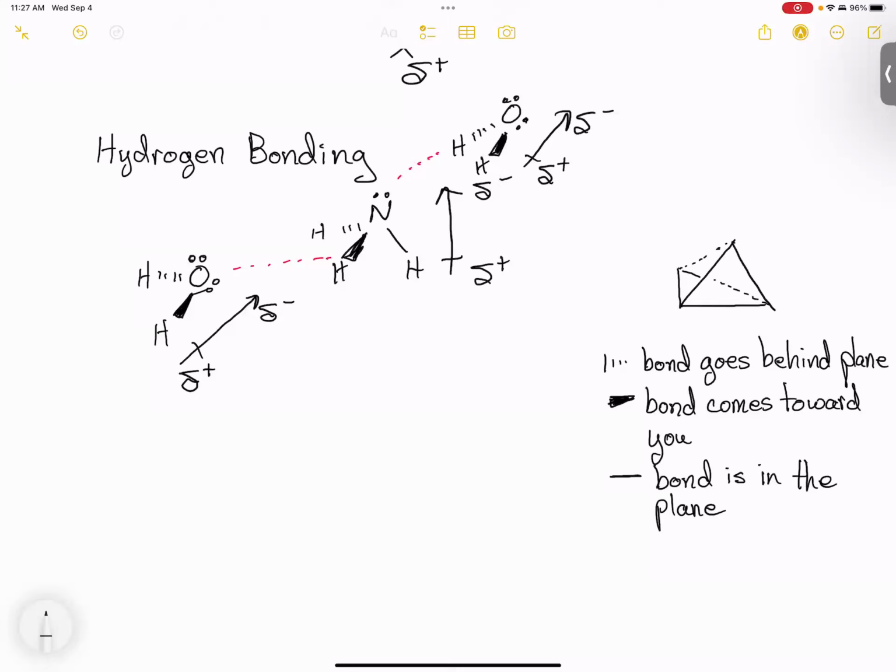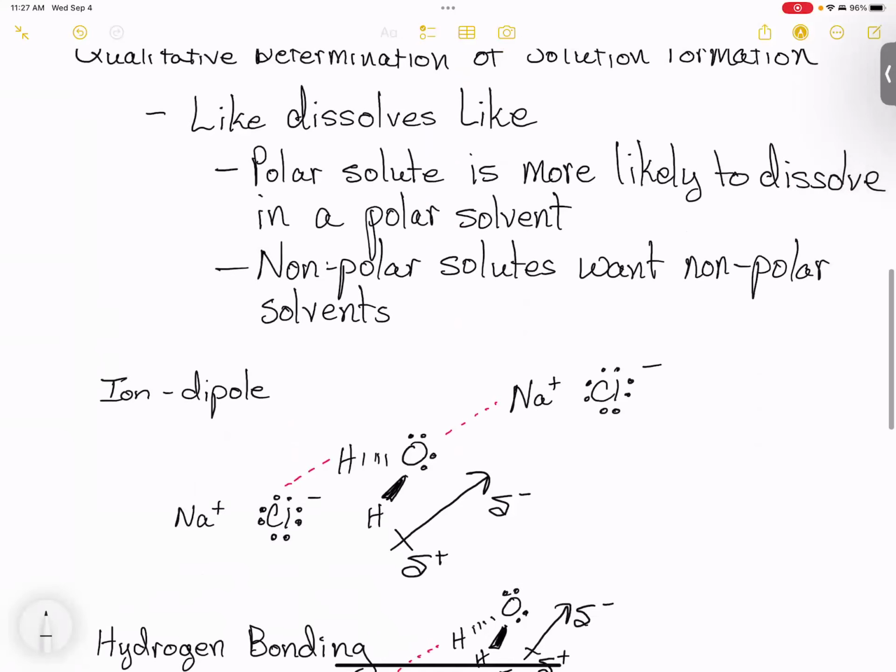Yes. How does the hydrogen bond and ion dipole relate back to the solution? Okay, so basically, this comes back to polar likes polar. We have been talking about polar really with covalent molecules.